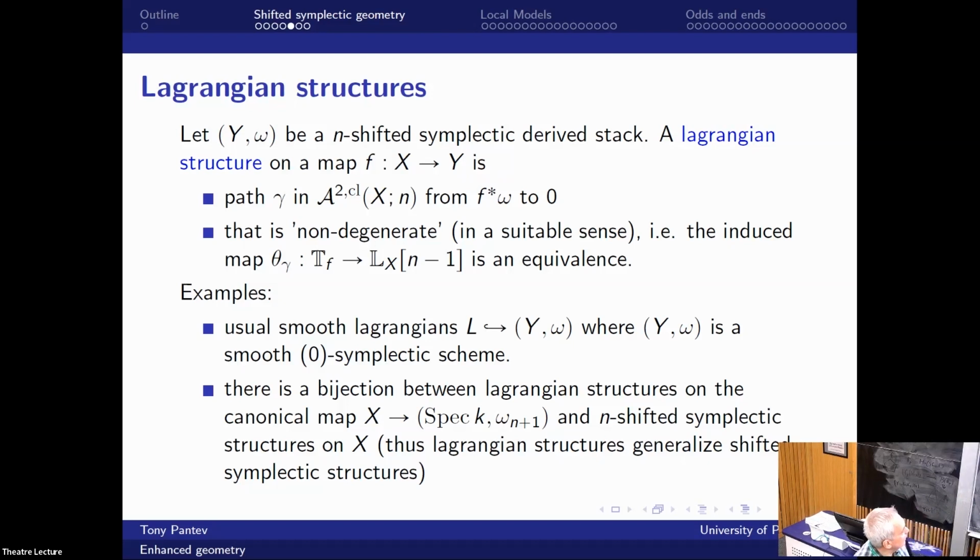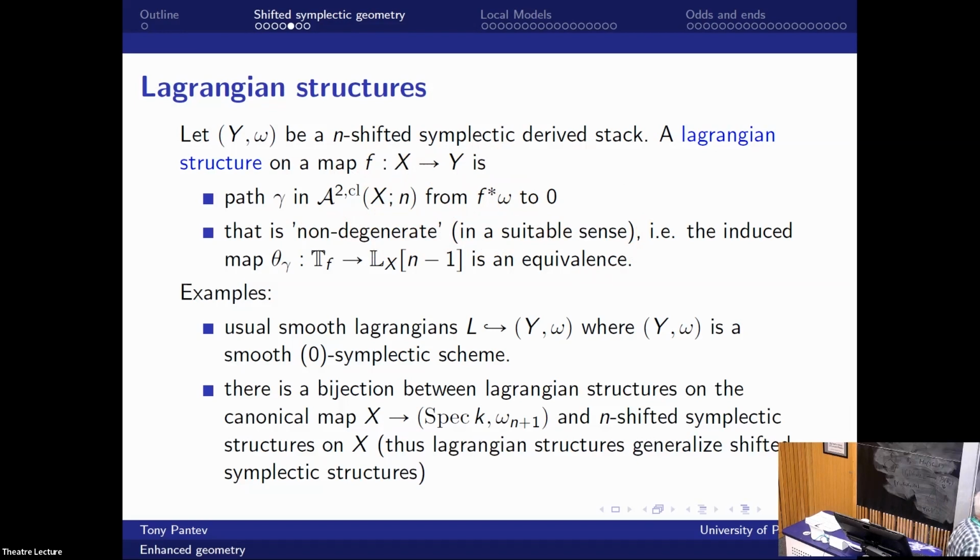So having an isotropic structure on a map of derived stacks is a structure. The target has to be symplectic, and then you need to choose a path between the pullback of the symplectic form and zero in the space of closed two forms on the source. So that's the isotropic structure.